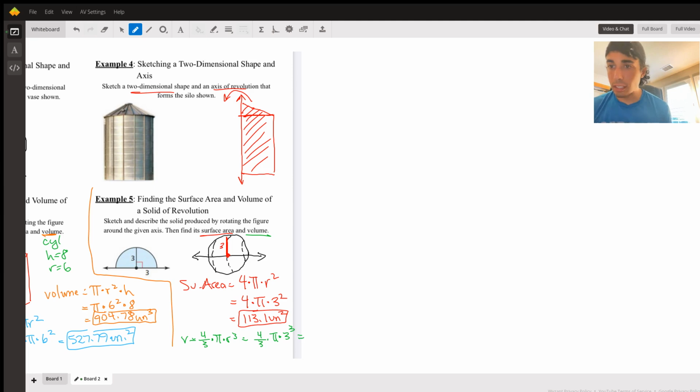Oh, that actually is going to come out to the same number. Very interesting how that works. Yes, that will actually be the same answer for both of these. You will also get 113.1, except the only difference is the units will be cubed because now we're talking about volume.